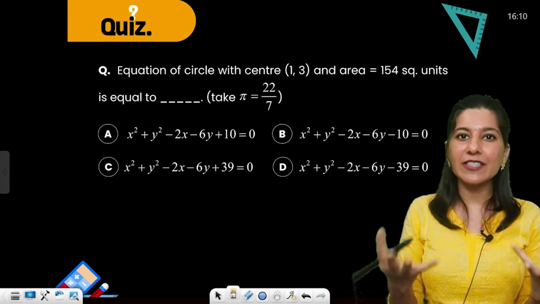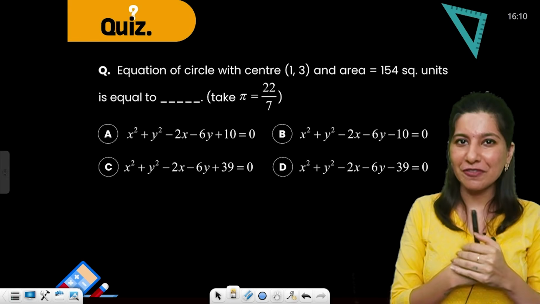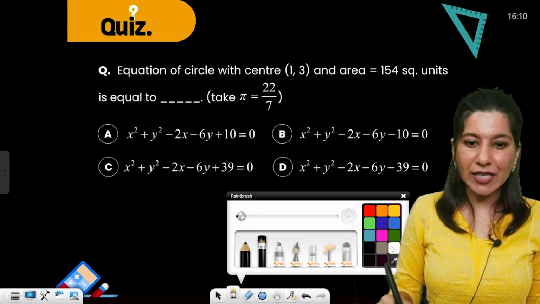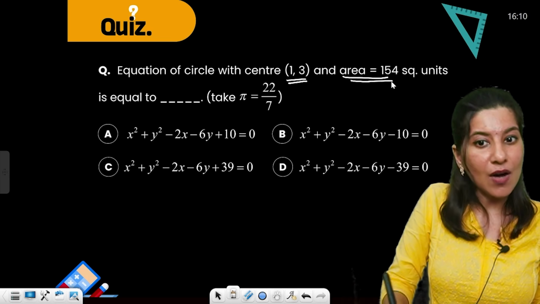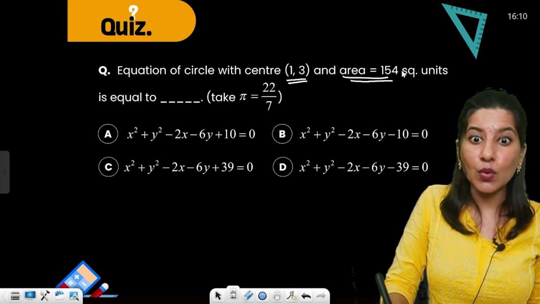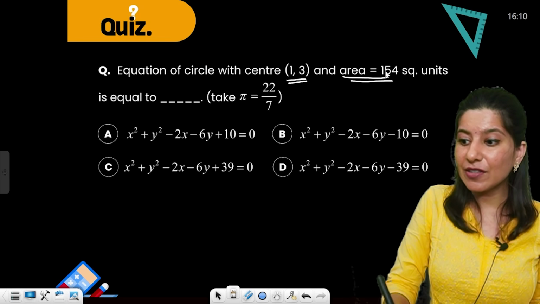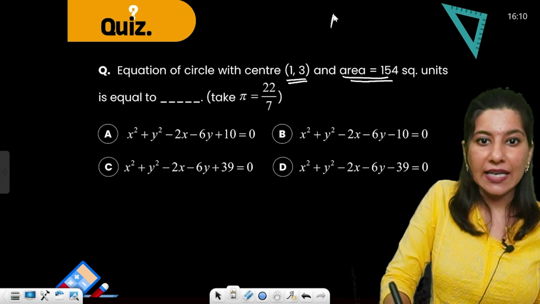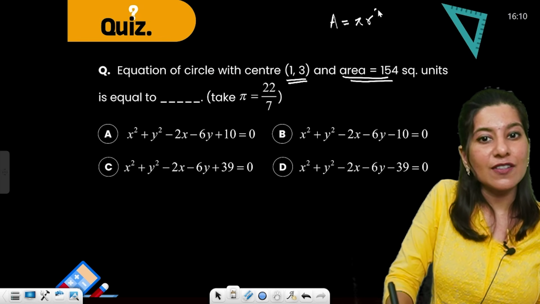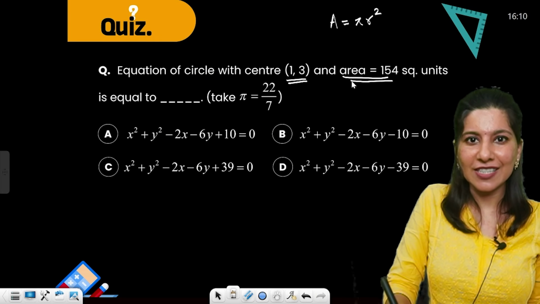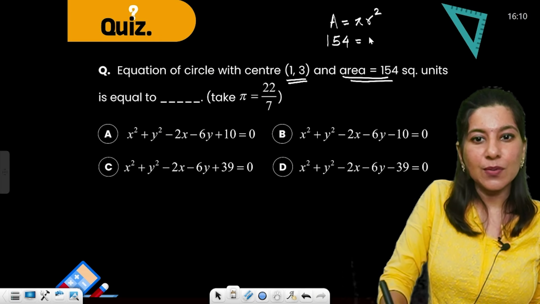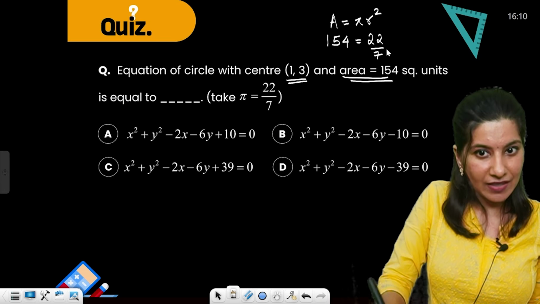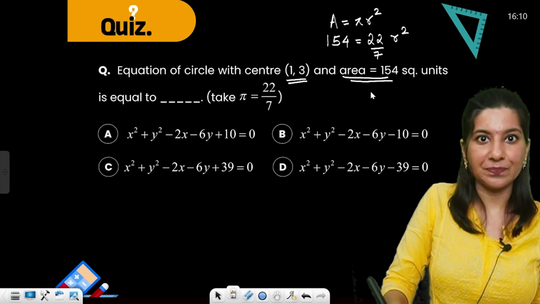Now let us solve some problems to gain some more confidence. Equation of a circle with center (1, 3) and area 154 square units. Area of a circle is πr², right? 154 = (22/7) r².